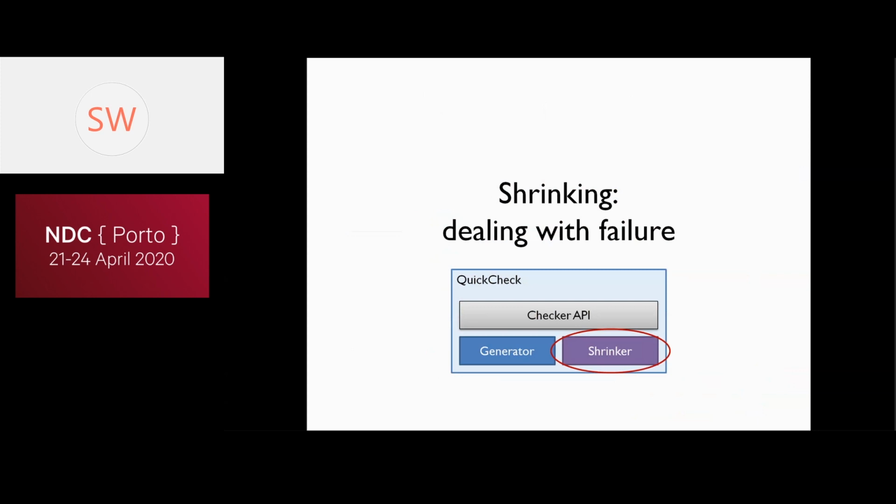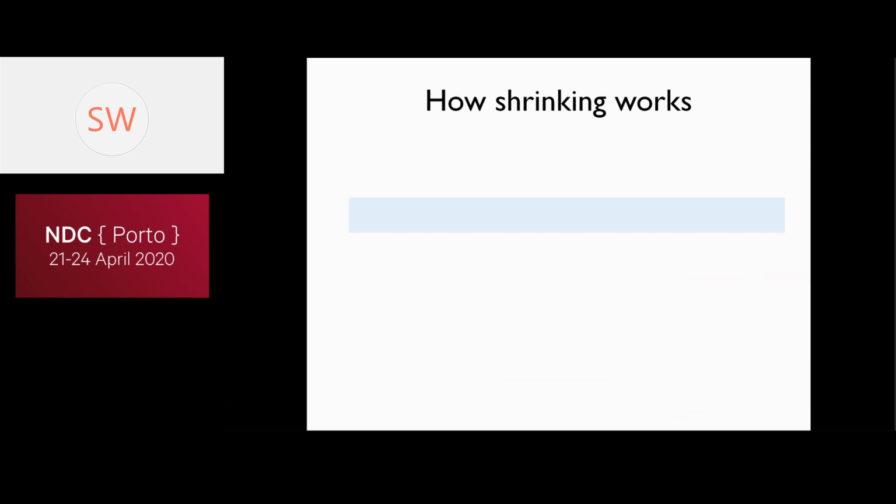Right, now here's the nice part, which is this shrinker component for dealing with failure. I'm going to demonstrate that using a very crude example: we have a property that the number is smaller than 81. Obviously this property will fail for numbers bigger than 81.